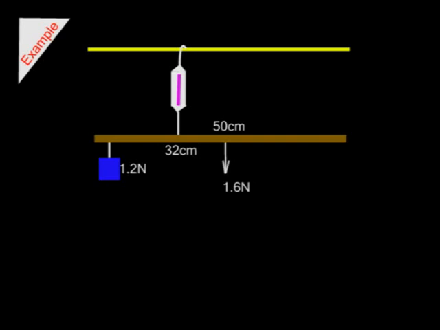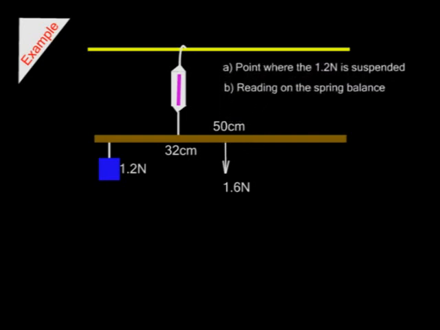Let's work that out. Now for A, since the meter rule is uniform, its weight is acting through its center of gravity.